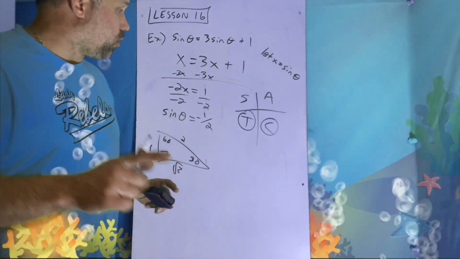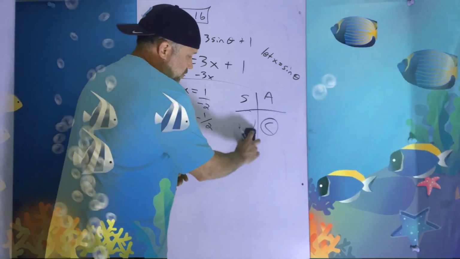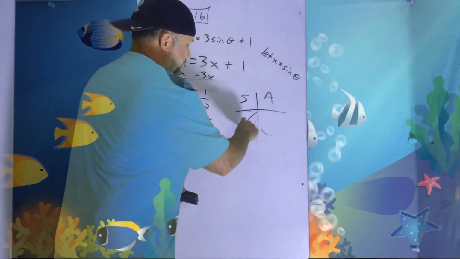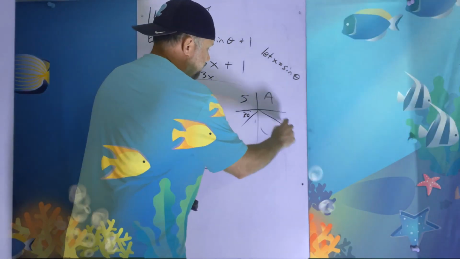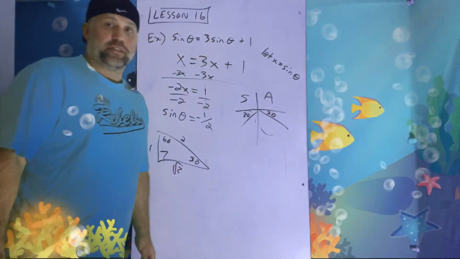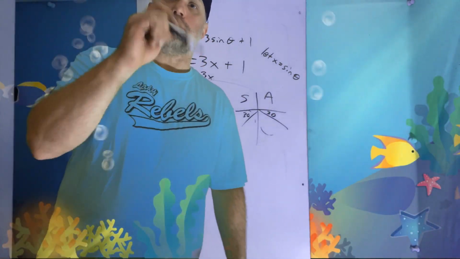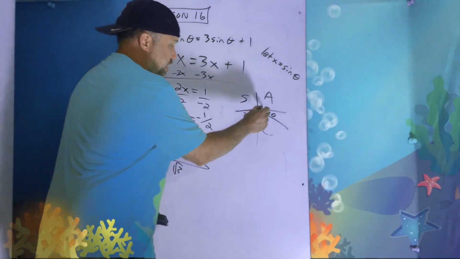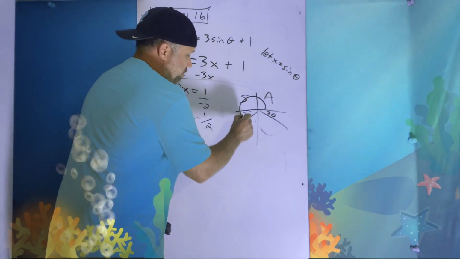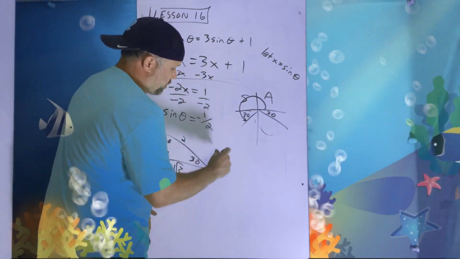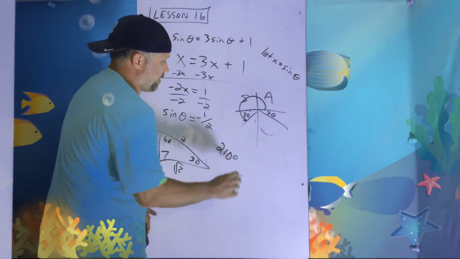If we go to the T quadrant and put a 30-degree reference angle in there, and we go to the C quadrant and put a 30-degree reference angle in there, we're going to find our two answers. This angle right here is going to be 180 plus 30, which is 210.